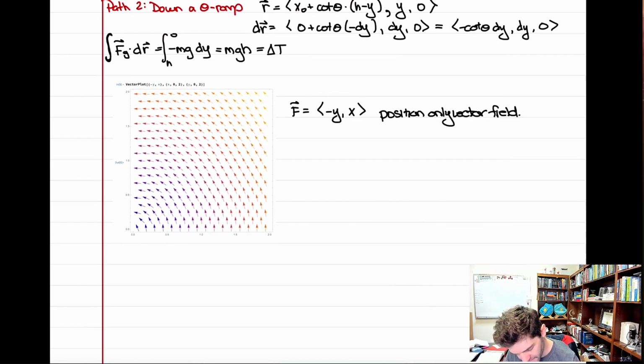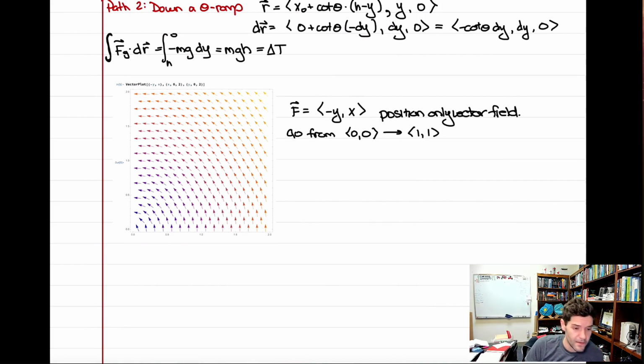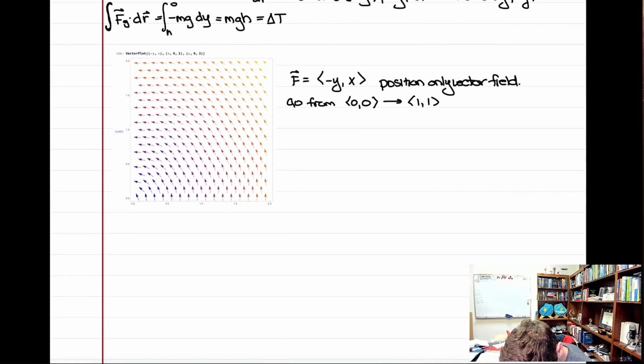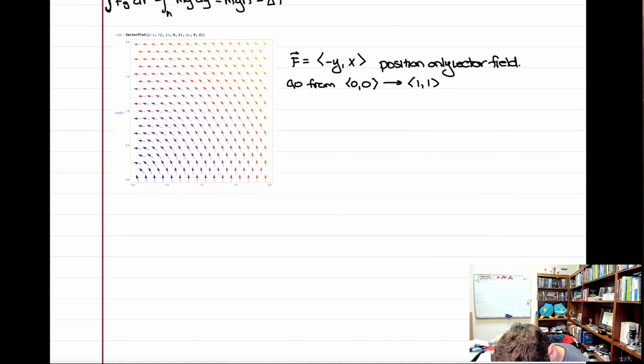And I want to do a couple examples where I go from the origin, so 0, 0, out to the point 1, 1. So I want to start here, then end somewhere like here.